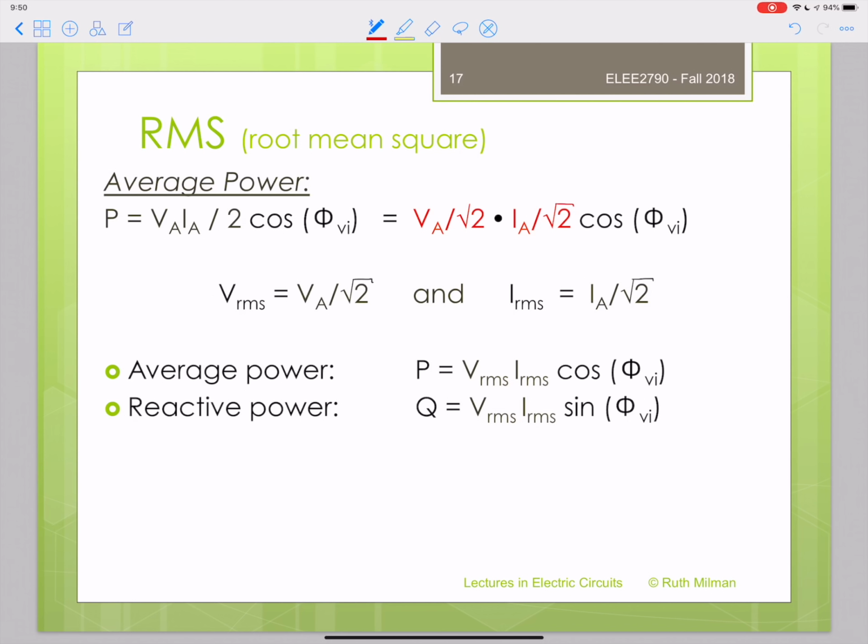Now let's take a look at that average power one more time. We notice that we always see this term VA IA over 2. Well, VA is just your maximum or peak amplitude of voltage. IA is also your maximum or peak amplitude. Now, typically the maximum or peak amplitude isn't actually the most useful value, and you can see that by looking at the average.